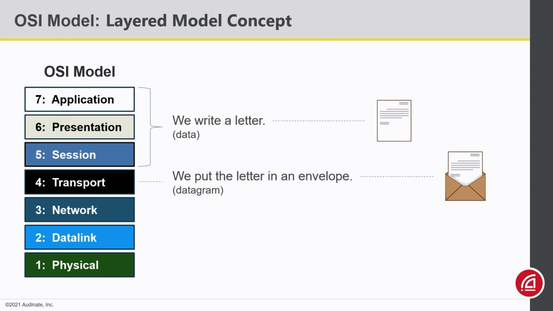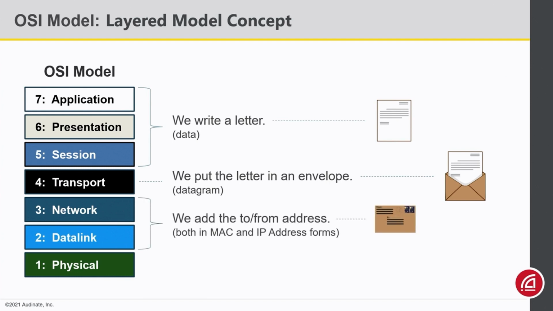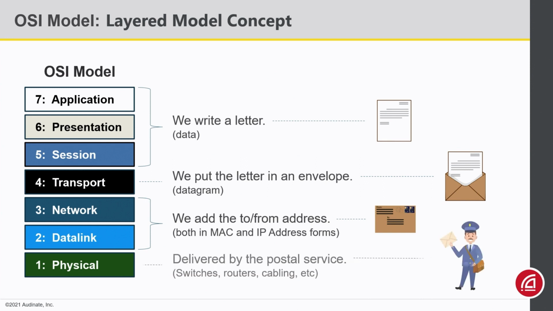In networking, that envelope is called a datagram, and that's layer 4. On that envelope, you put the to and from addresses. On the network, we put that in MAC and IP form, both for the transmitter and the receiver. And that brings us down through layers 2 and 3. Finally, the letter will travel to another destination with the mail carrier, on trucks, and so on. That's the physical layer, layer 1.